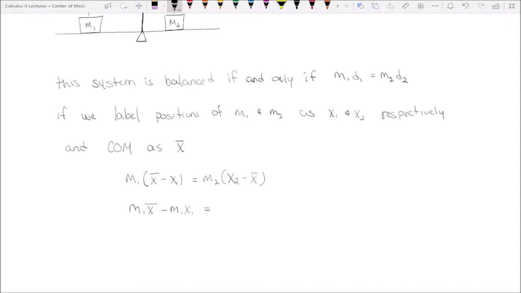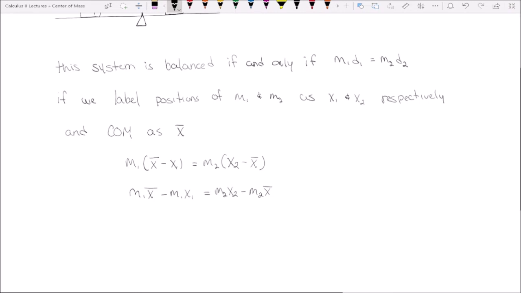Distribute the masses through. Our goal here is to solve for X bar.